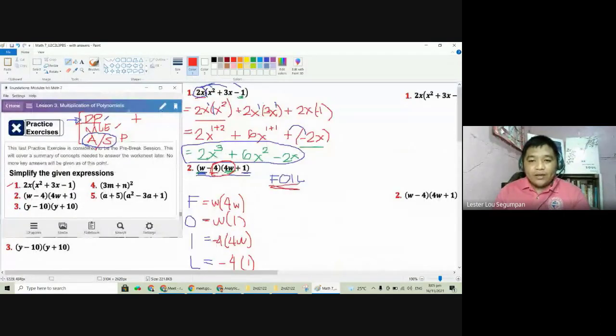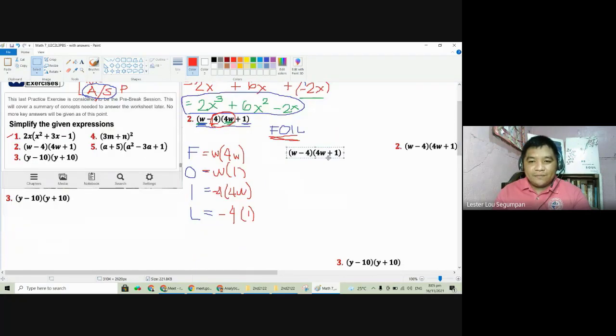By the way, the FOIL method is actually the term that is used just to summarize that it is still the distributive property. Let us look at this. Let me copy the same expressions here, and I will show you that it's really the distributive property.